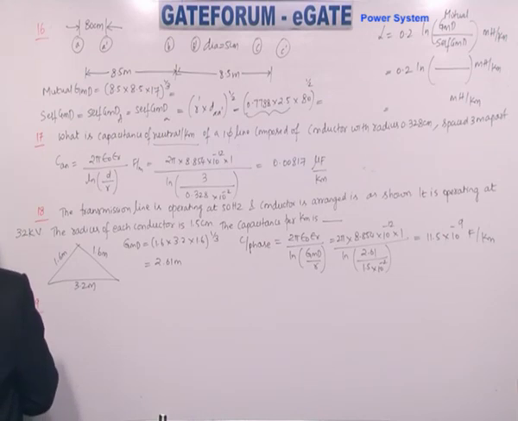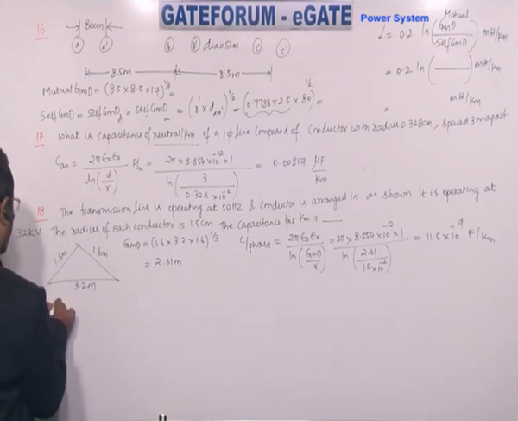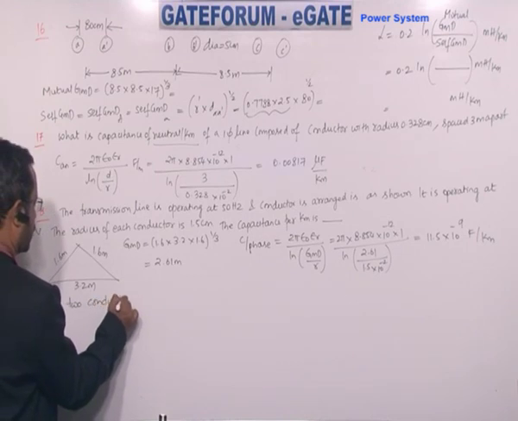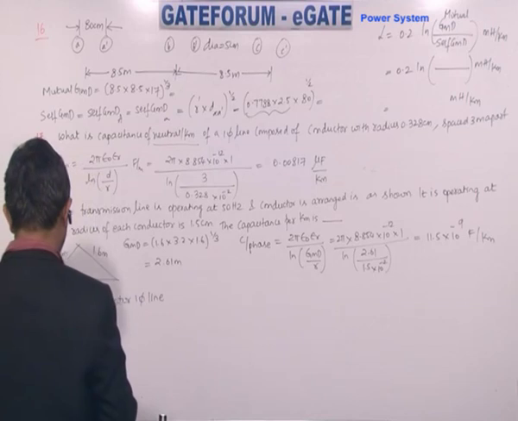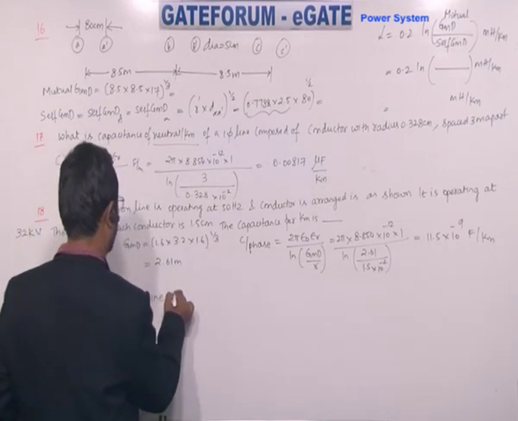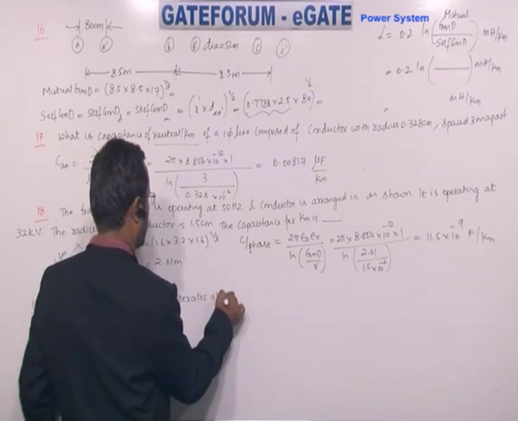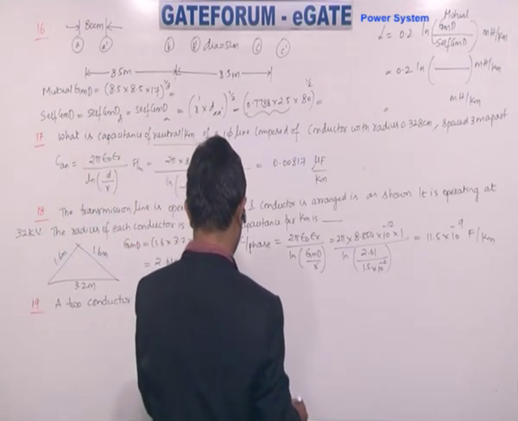Now we solve this next one. A two-conductor single phase line operates at 50 Hz.